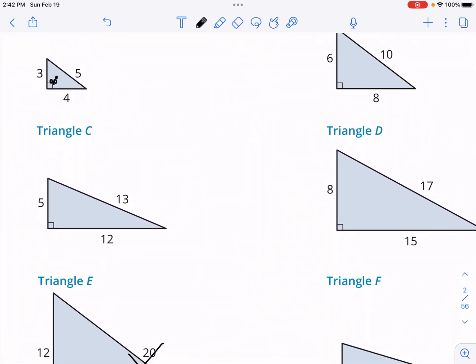So triangle C: 5 squared is 25. Let's go to the next bigger one, 12 squared. 12 times 12 is 144. And then the biggest one here is 13 squared, which is 169.